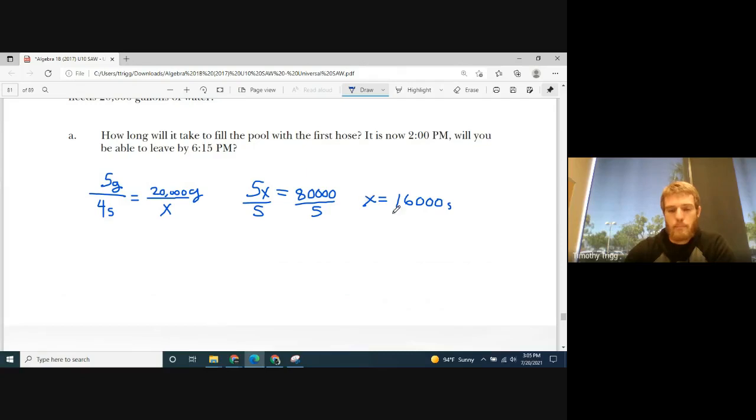Well, let's see. So first, let's convert our seconds to minutes. The way we convert our seconds to minutes is we divide by 60, because there are 60 seconds in each minute. So we take the number of seconds and we divide by 60, and that'll tell us how many minutes it's going to take.